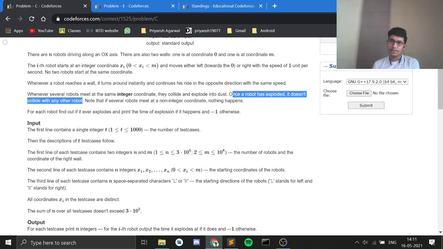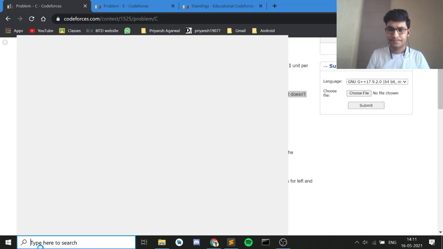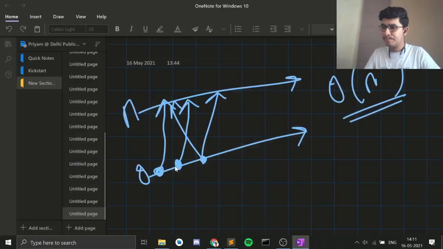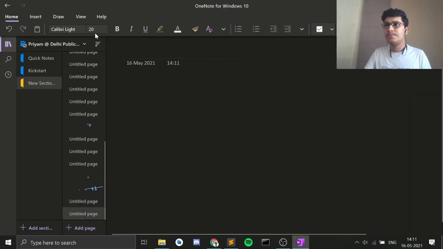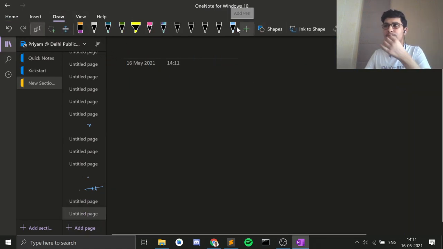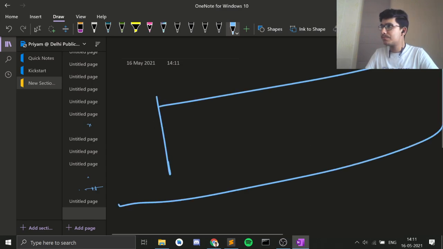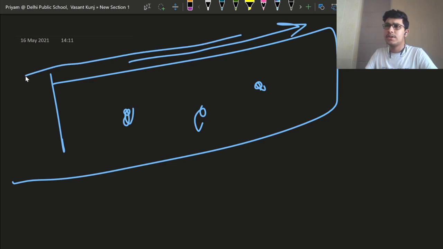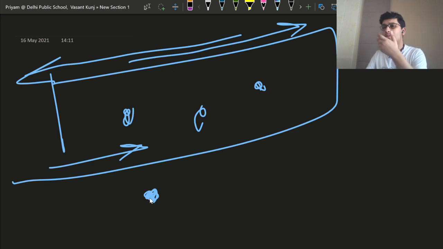Also, here the thing is that, how should I explain it? If you have all these robots here, and after some time they all go here, come back here, and then reach this point again, then all of the robots that are able to reach their same position again will never collide.